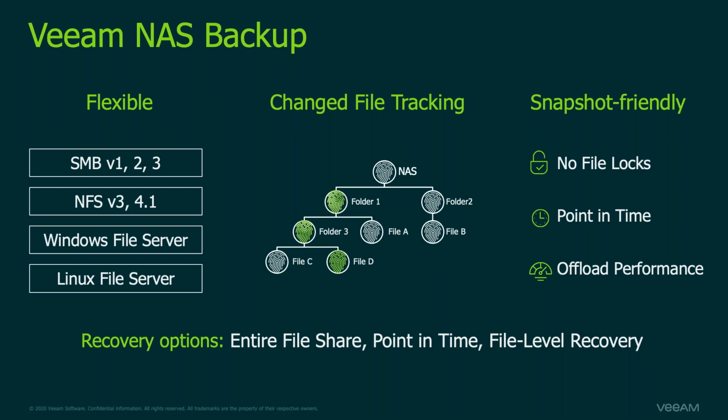So whether that's an entire file share, whether that's a specific point in time, and I'm going to get into what that means and I'll demo this, and then that granularity, so being able to perform file level recovery for that as well. So entire file share, if you remember what I said about an NDMP challenge, was you've got to be able to restore that back to a similar vendor A, or you can't just put it to vendor B. It has to go back to the original or same location.